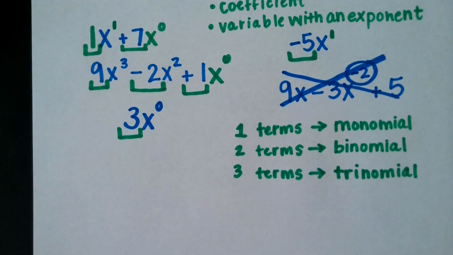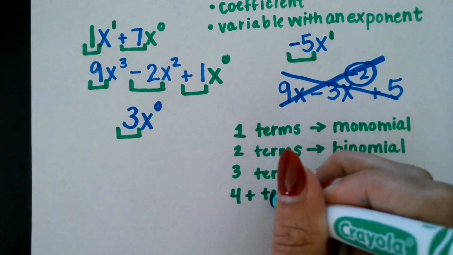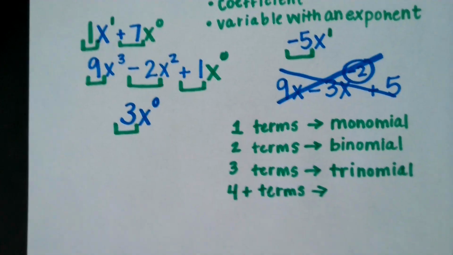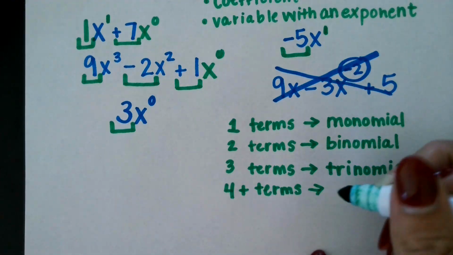So anything with 4 or more, 4 plus is just too many. They probably do have their own names, but I don't know what they are. But most people, anything with 4 or more, they'll just call it a polynomial. Quad, maybe. I don't know. That would make sense.